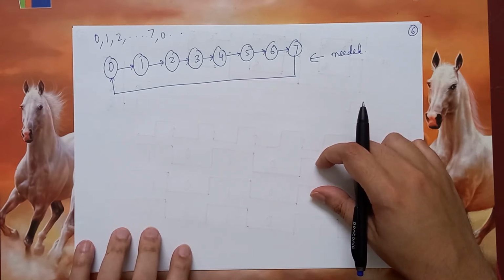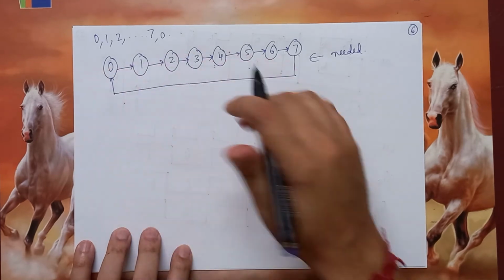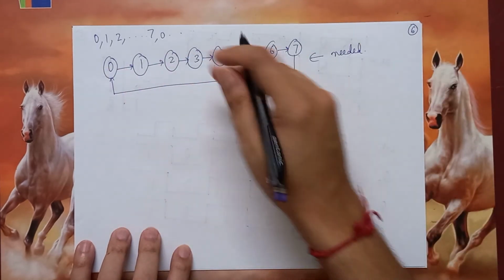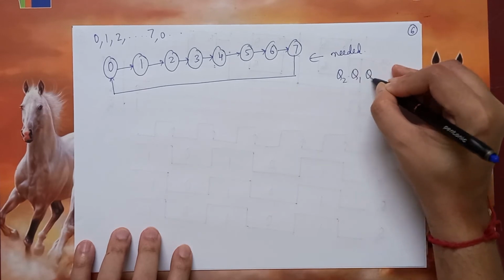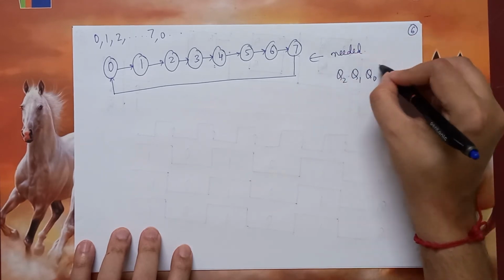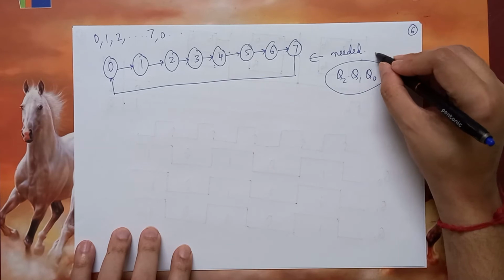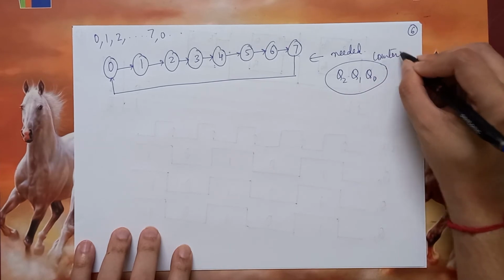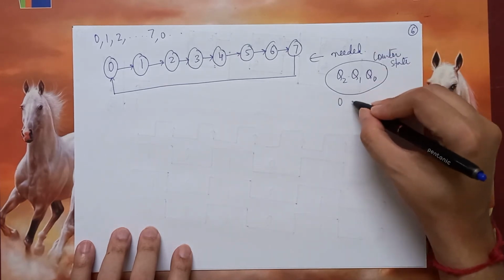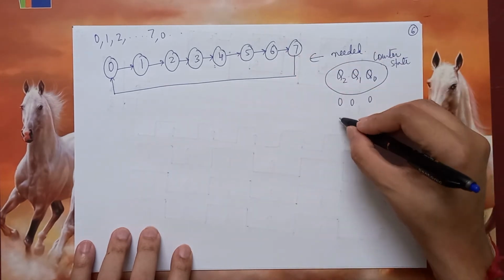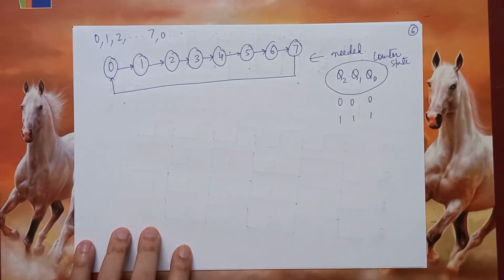So effectively what we would like is that this count should be coded inside Q2, Q1 and Q0. This is the counter or the counter state. All the values, if it is 0, 0, 0, should reflect over here. If it is 1, 1, 1, it should go over here, like this.